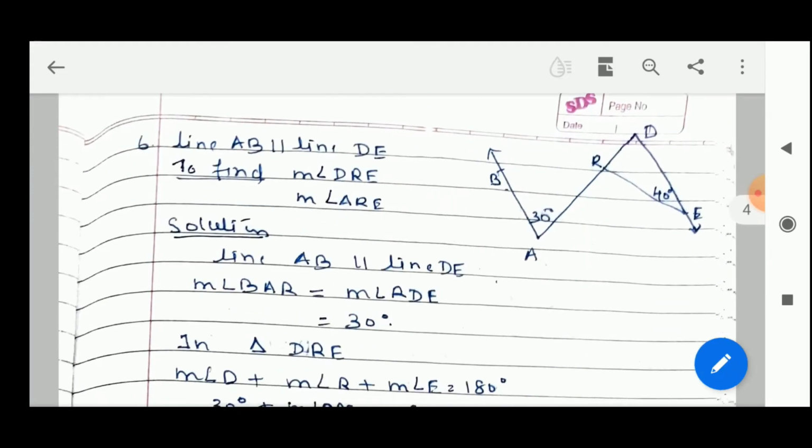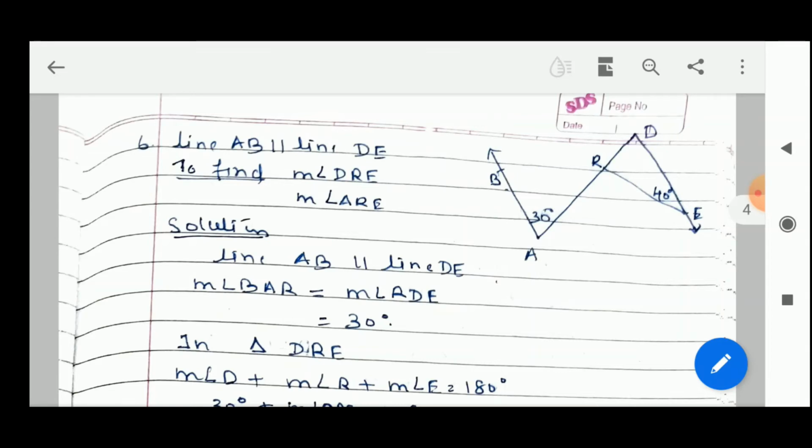Now the sixth sum. In figure, line AB is parallel to line DE. Find measure of angle DRE and measure of angle ARE. Now line AB is parallel to line DE. So measure of angle BAR is equal to measure of angle RDE, that is equal to 30 degree.